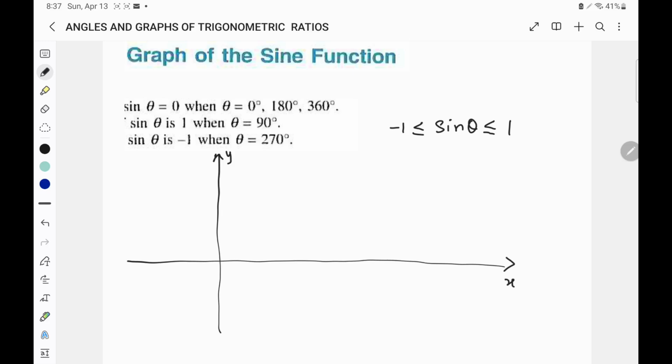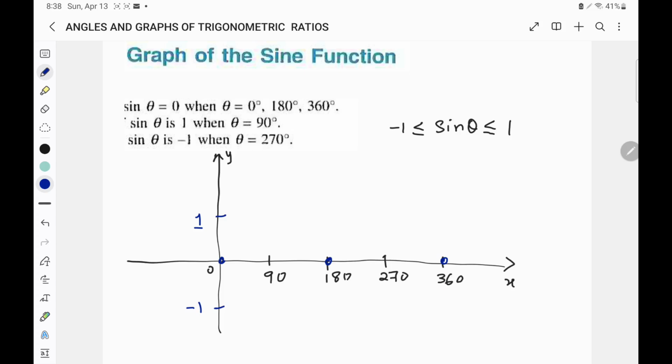Okay, so now I'm just breaking into 0, 90, 180, 270 and 360 degrees. Okay, when the angle is 0, the sine of 0 is 0, and just write down +1 and -1 here. At 180 degrees it's also 0, and at 360 degrees it's also 0.